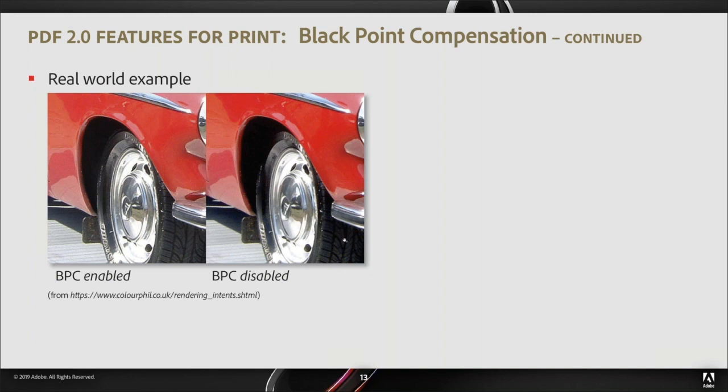And if you look at the treads of this tire, it's very hard to see. When it's enabled, you see the treads much more distinctly. Also, some of the gradations over on the left here of gray are much more capable of being seen when print.